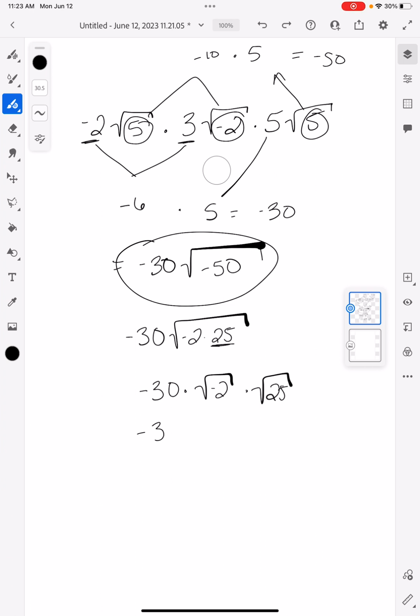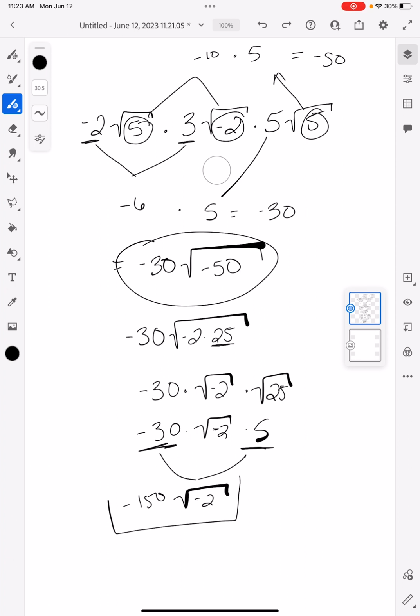So then the square root of 25 is going to be 5. And then yet again, I have my like terms to combine, and I have -30 times 5 would be -150 times the square root of -2. And that's my final answer.